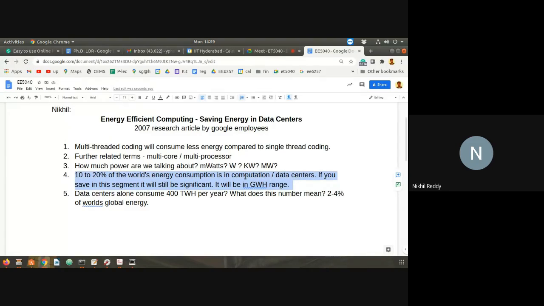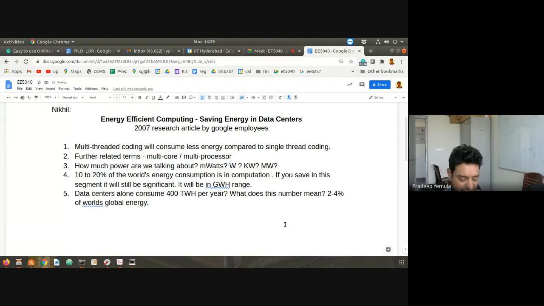That is for all computations and not just data centers, which includes my computer and so on, the computers in our houses and all. But anyway, let's try to understand this number, 400 terawatt hours.